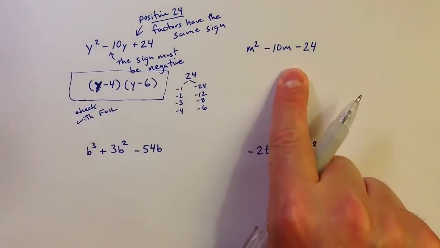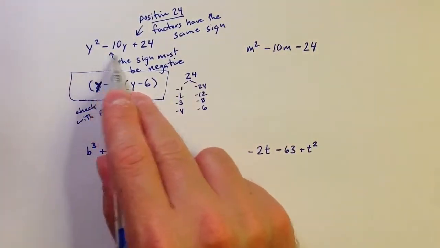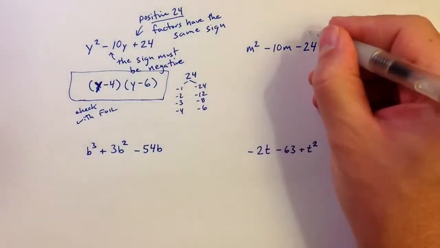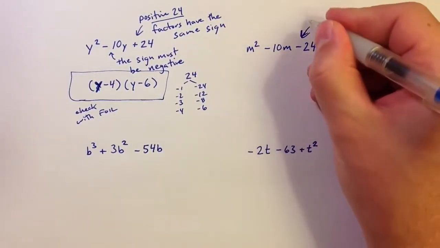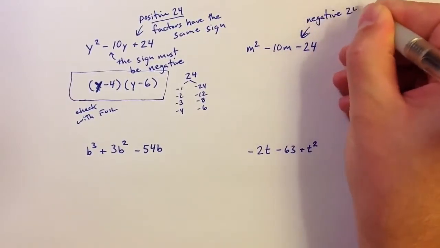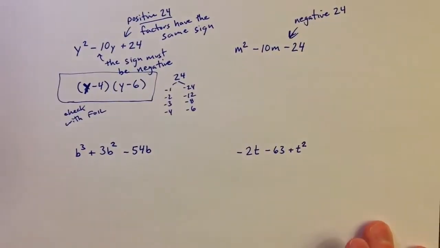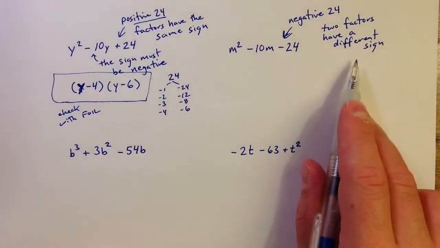In the next example, we have almost the same trinomial, except this time there's a negative 24. And so that makes a big difference. With a negative 24, that means that the two factors are going to have a different sign. So one number of the factor pair has to be positive and the other number has to be negative.